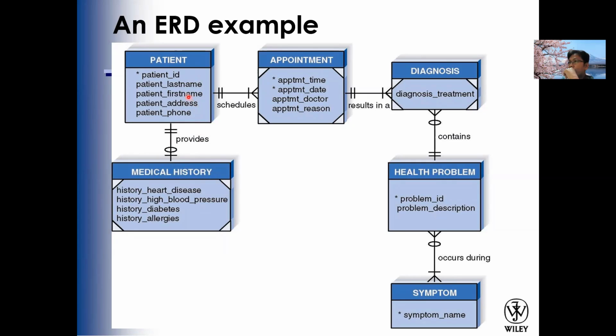This is only subject, verb, and object. Of course, we can also write in the opposite direction. Medical history is provided by patient. A lot of appointments can be scheduled by a single patient, etc.